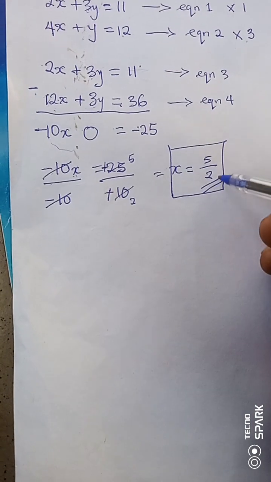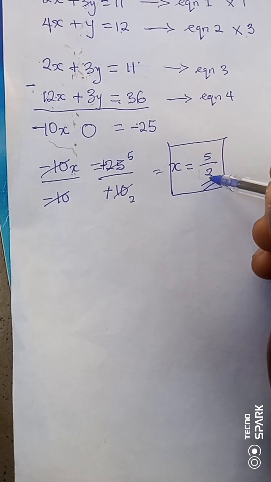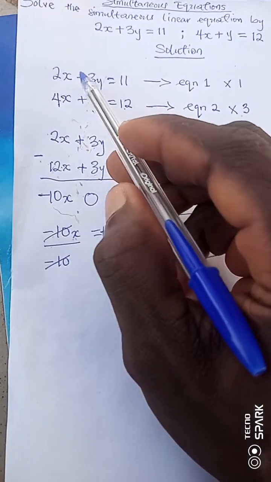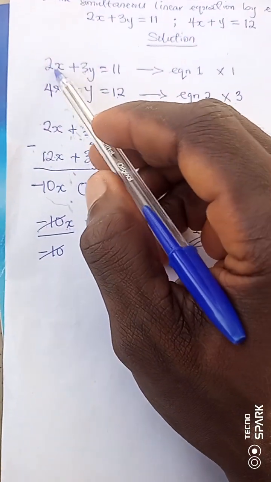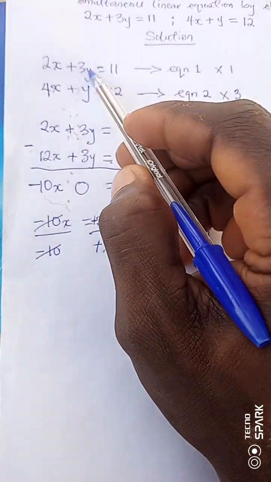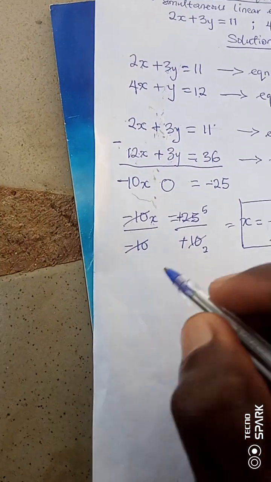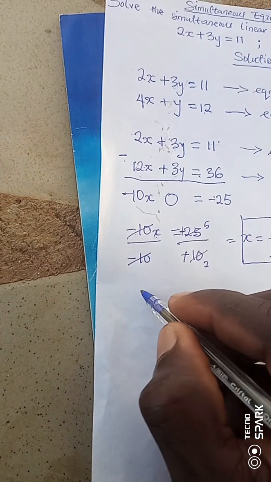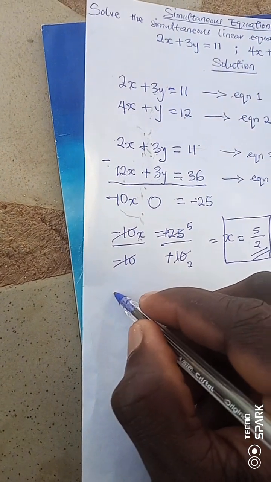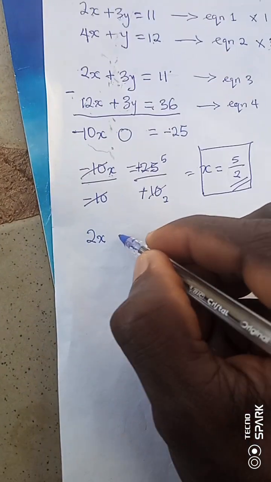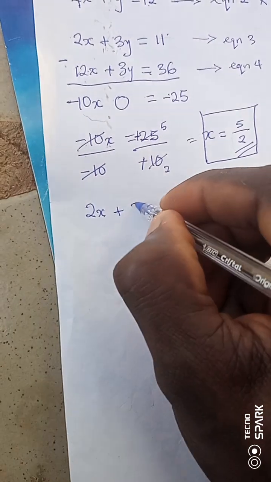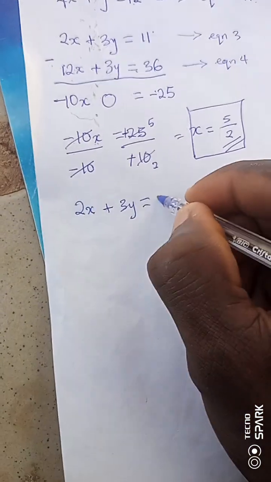So to get our y now, you substitute this value of x, which is 5 over 2, in equation 1, where x is, and solve it to get y. So bring out equation 1, which is 2x plus 3y is equal to 11.